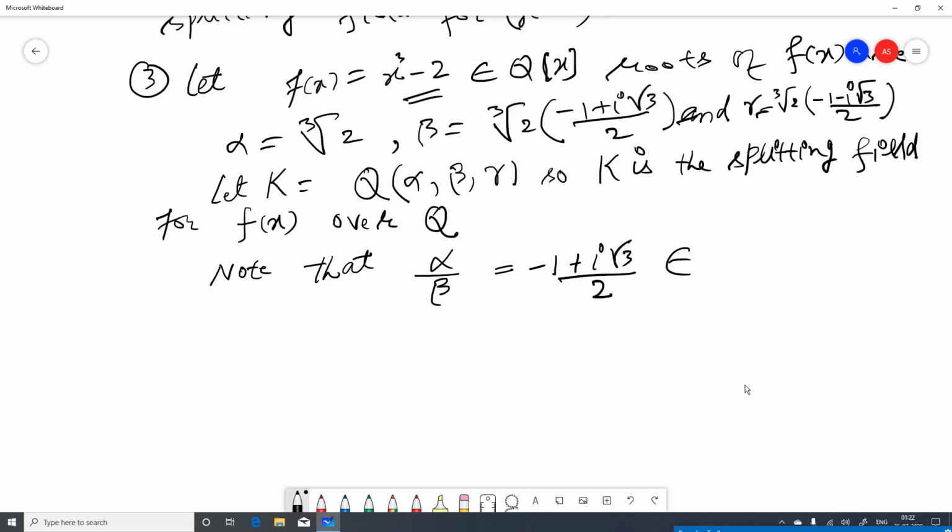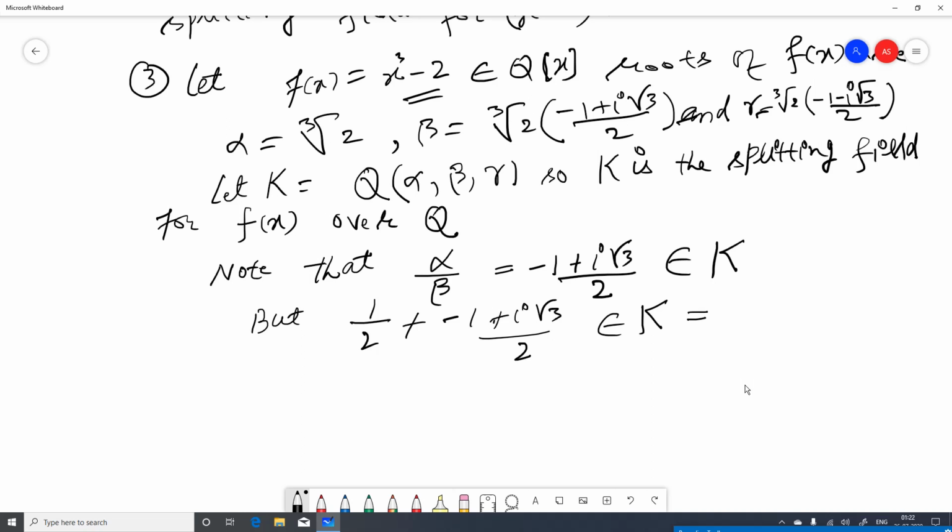It belongs to K. But then 1 by 2 plus minus 1 plus i square root 3 by 2 is also in K. But what is this?